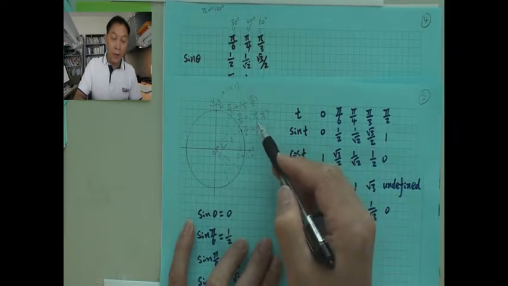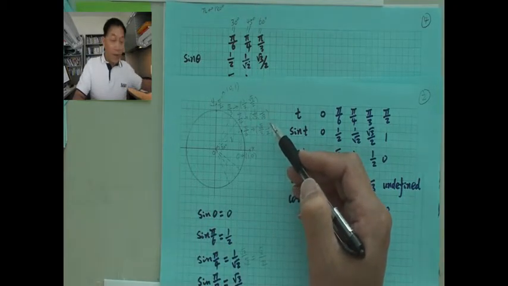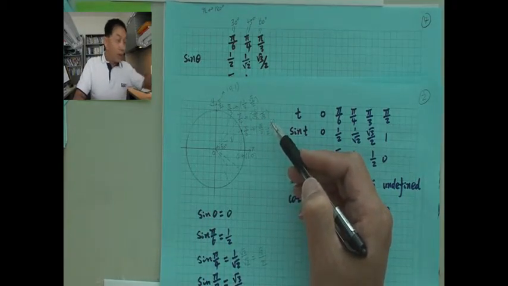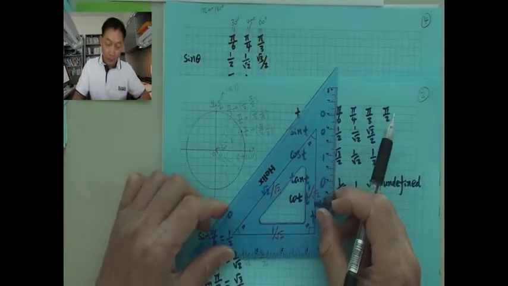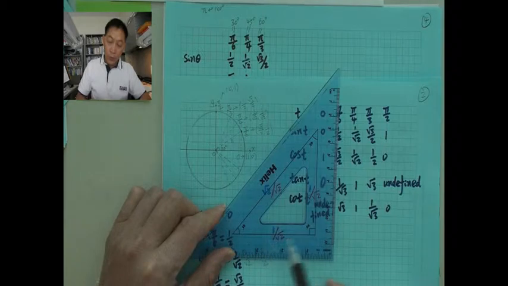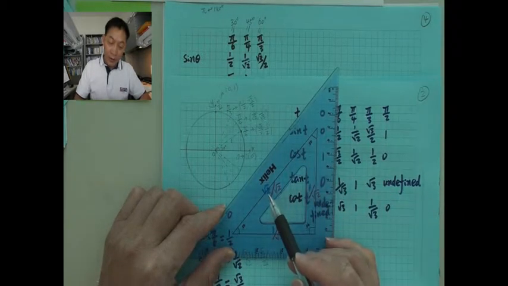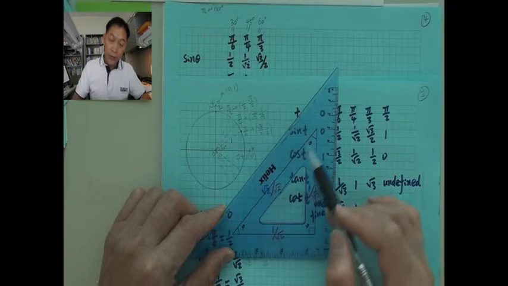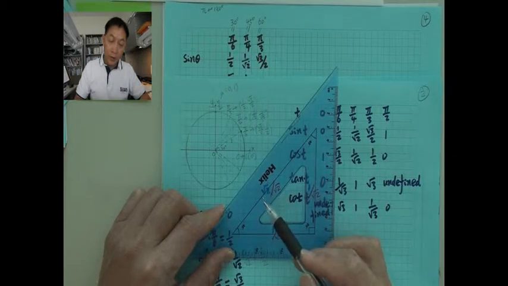And then here we will get 1 over radical 2, 1 over radical 2. Why is that? Again, the same reason. Consider this ruler. Not complicated. Here is 1, here is 1, and the hypotenuse is radical 2. Now the hypotenuse divided by radical 2, radical 2 divided by radical 2 is 1.